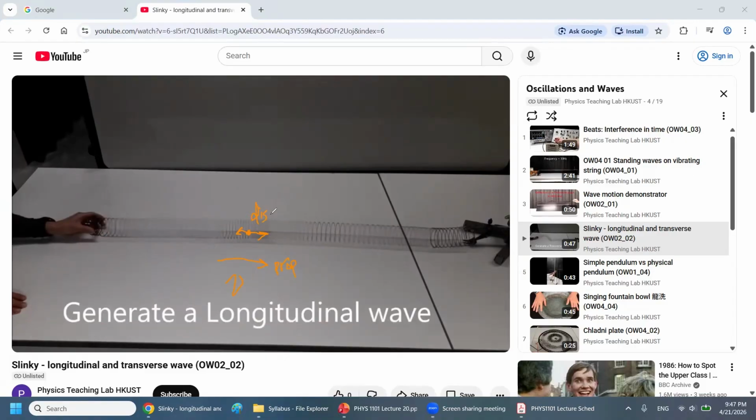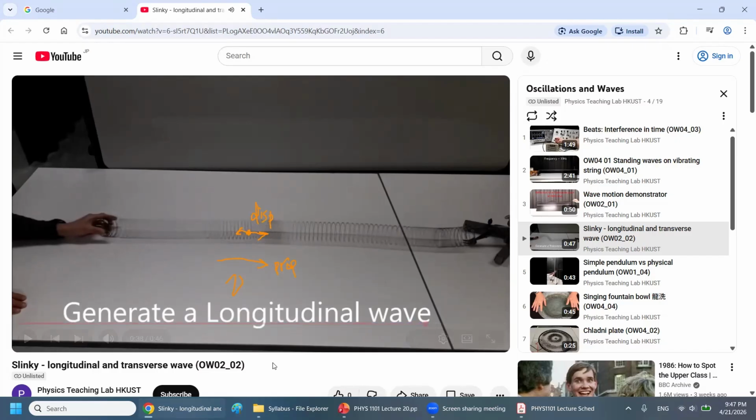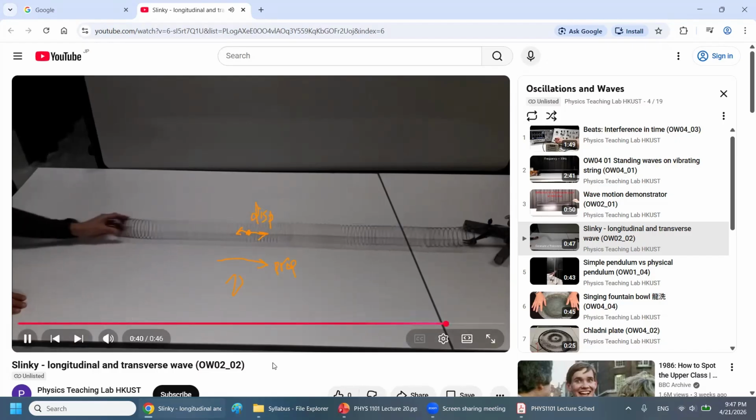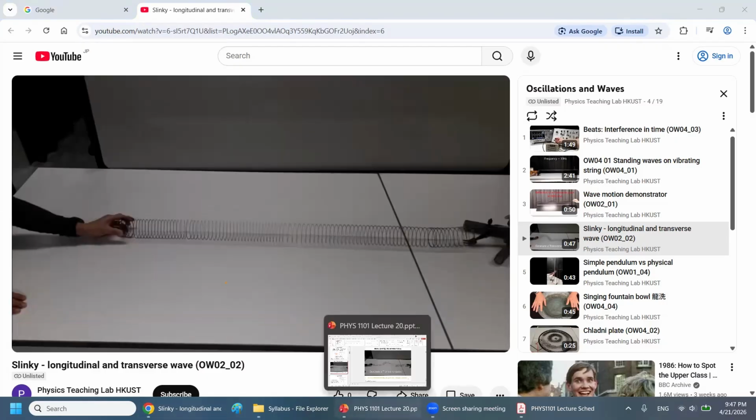Each spot in this slinky is moving left and right, and there's a wave moving towards the right. So there are two kinds of waves that you can generate with this slinky.